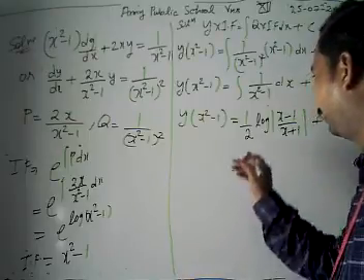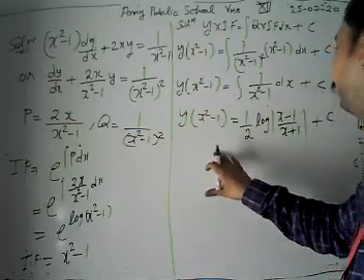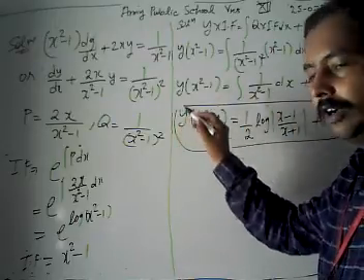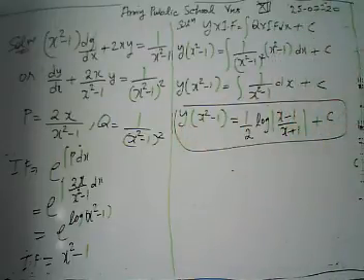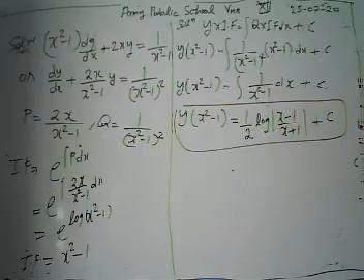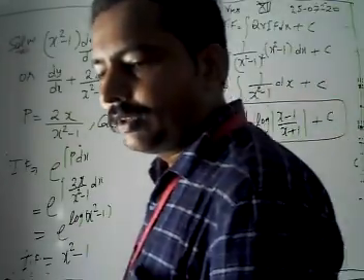Now we get the integration value, and this is the required solution of our linear differential equation: y into x square minus 1 equals 1 by 2 log of (x minus 1) upon (x plus 1) plus c.